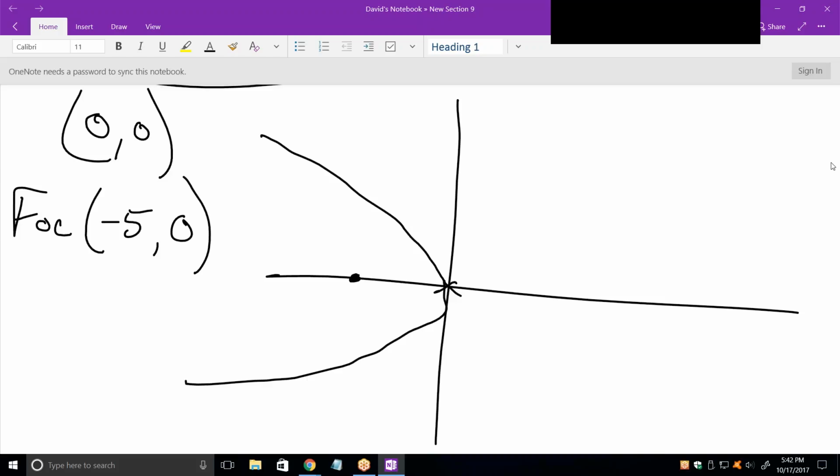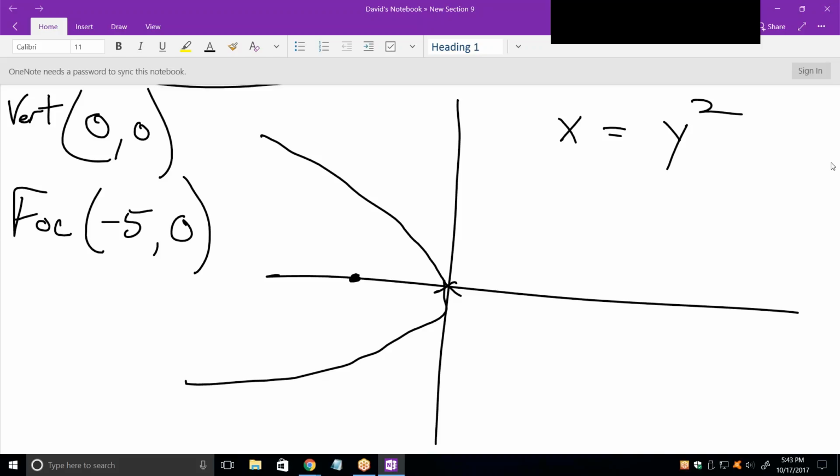What's the standard format of this equation going to look like, given that it is a horizontal parabola? Is it going to be of the form y equals x squared or x equals y squared? It's x equals y squared. That's the form that I'm going to write, since it's a horizontal parabola.